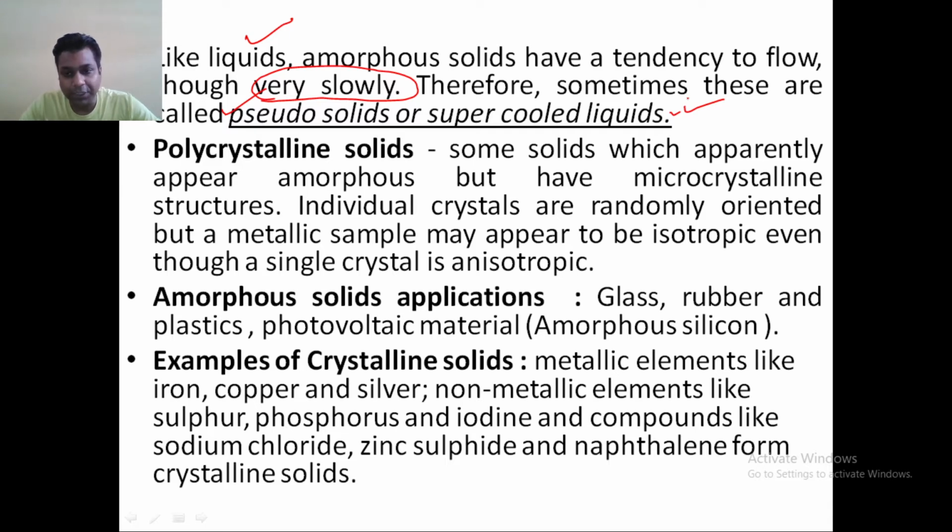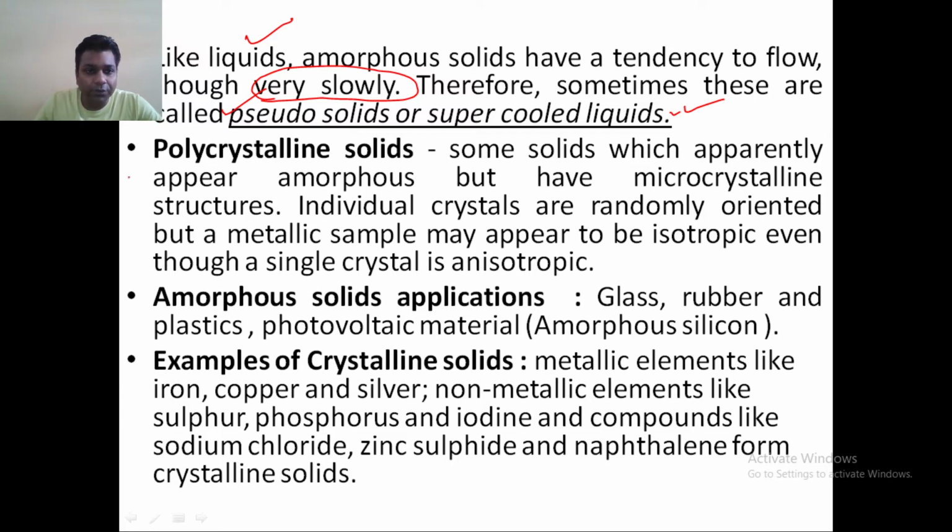In the previous lecture one, one example of an amorphous solid was the gel. They are nothing but cooled liquids which have a tendency to flow. Consider bread jam: although it has a tendency to flow, the speed is very slow, so that can also be considered an amorphous solid.